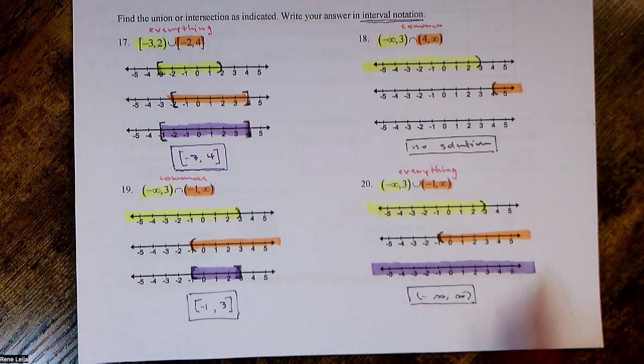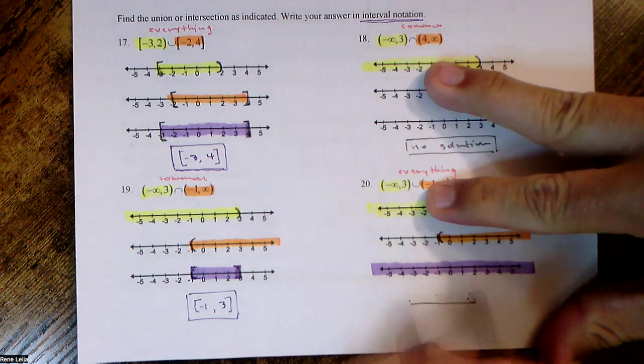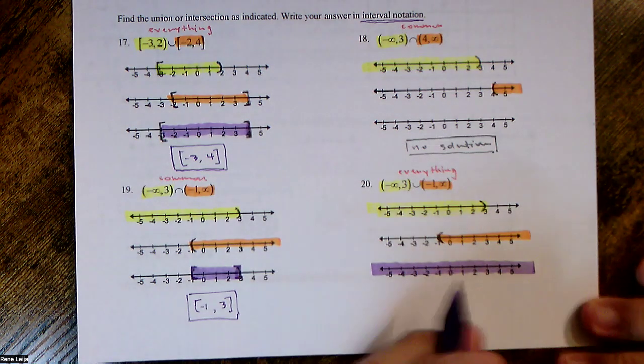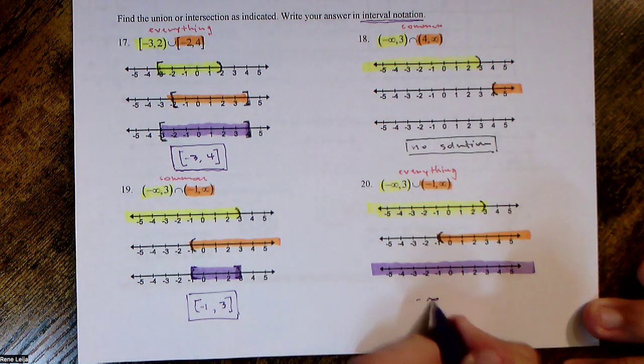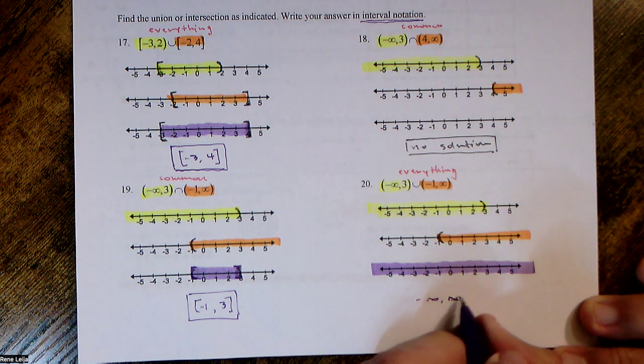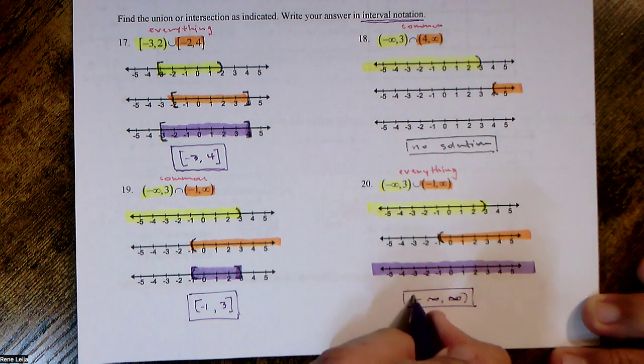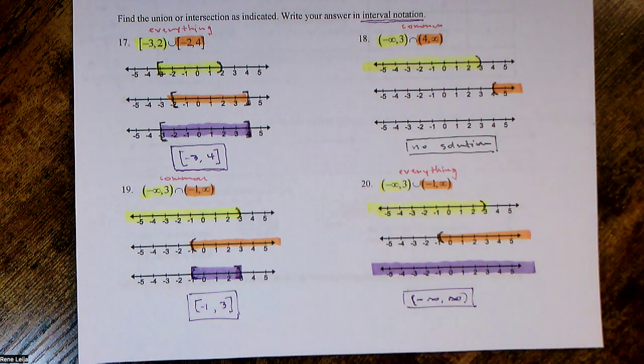So that's the entire number line. So that's all real numbers. So, again, I'm just going to put this in purple to be consistent. So this is going to be negative infinity to positive infinity. Okay, that's it. So that's the review.